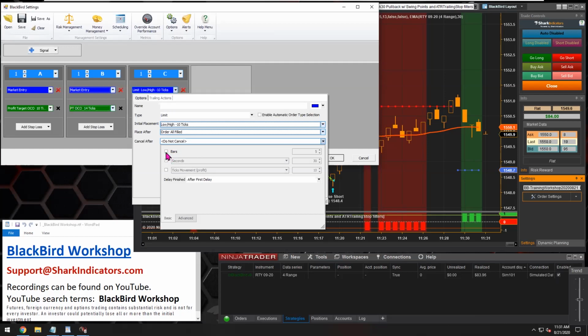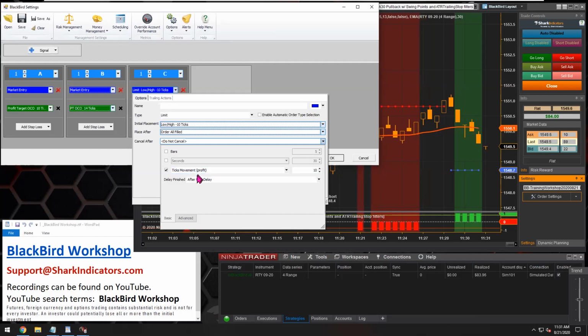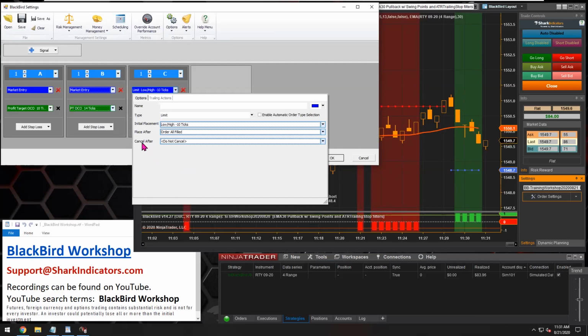So whether it's number of bars, or maybe price moves so far in some direction or something like that. But you do need to figure out some. So whenever you use the place after, you should always be using the cancel after, right? You should never have a place after naked without a cancel after.